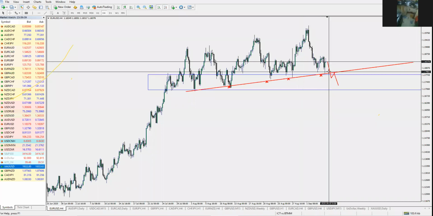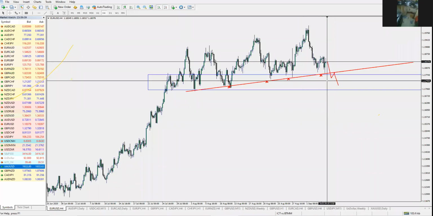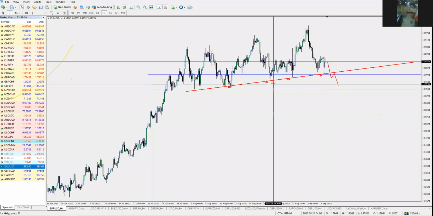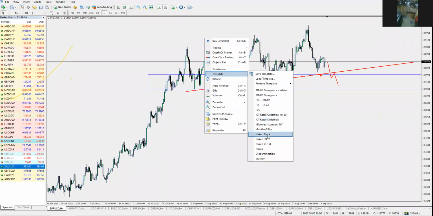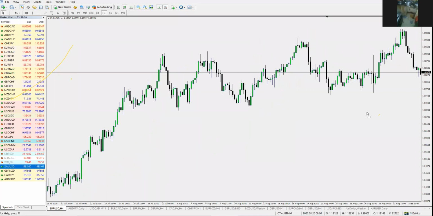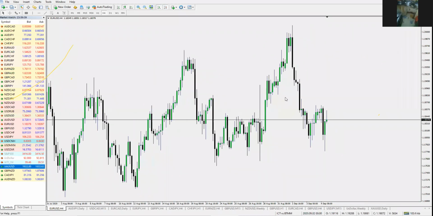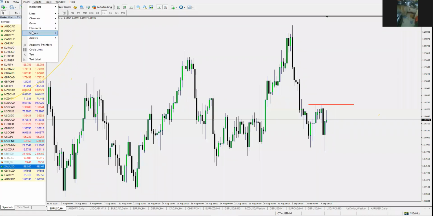But for a second, let's forget the fact that we know anything about trend lines, because we don't use trend lines. We just need to know where liquidity is in the market, and current liquidity that is recent and relevant to current price action is, of course, these equal highs sitting over here.